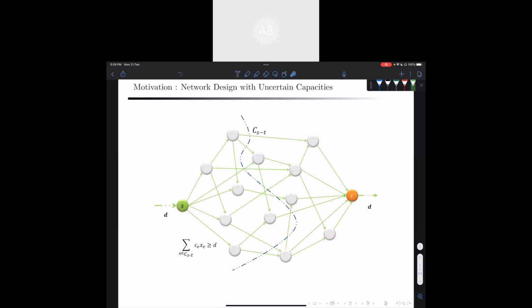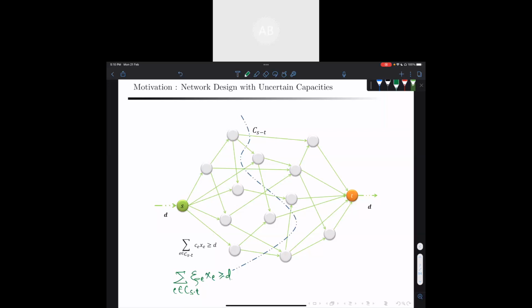However, what if these capacities on these arcs were not deterministic anymore? They were stochastic, or probabilistic, coming from some uncertainty set. Then this constraint no longer defines a deterministic feasible set, because now your constraint is a summation over all the edges in this s-t cut of some psi.